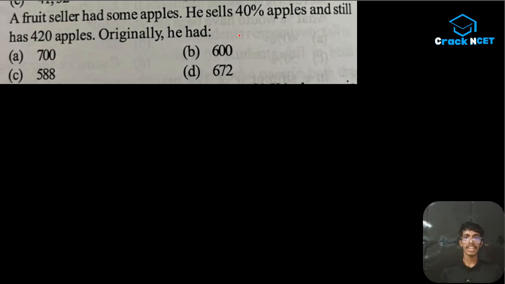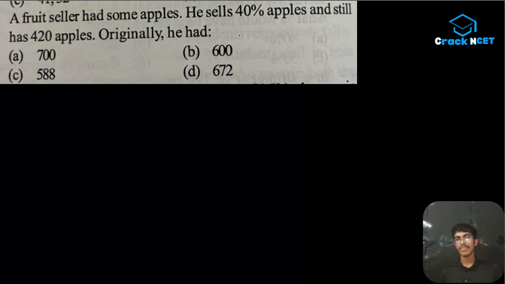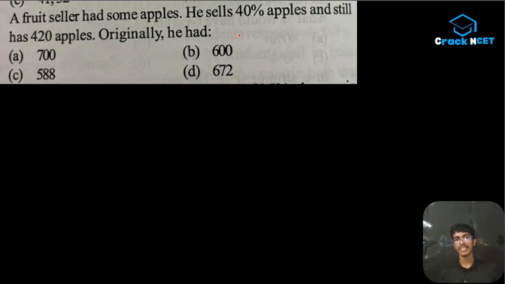A fruit seller had some apples. Fruit seller के पास कुछ apples है. He sells 40% of apples and still has 420 apples. He sold 40% of apples. मतलब percentage of apples left, कितना percentage of apple बाकी होगा? 40% sell किया होगा तो 60%.